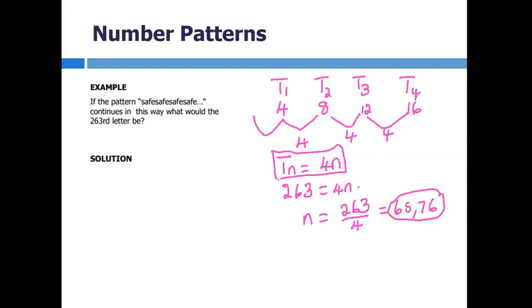Considering that the numbers that we have here are multiples of 4, and we are getting 65.75, which means that the 263rd safe is what? How did you see that it's F?